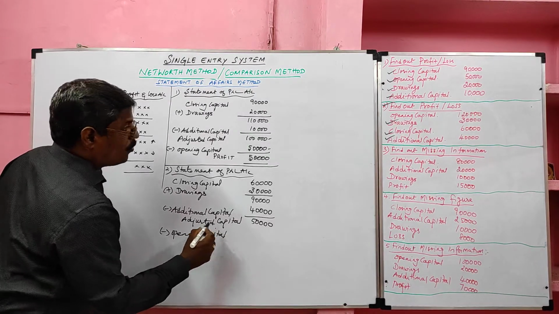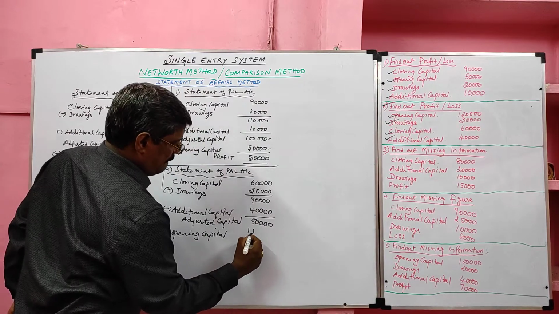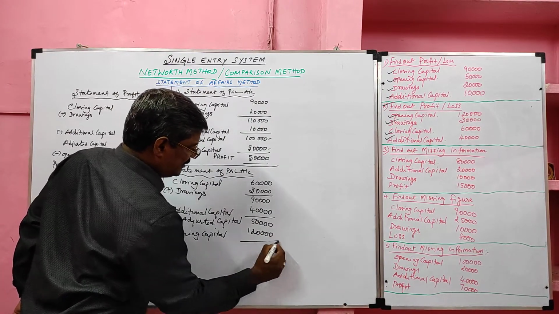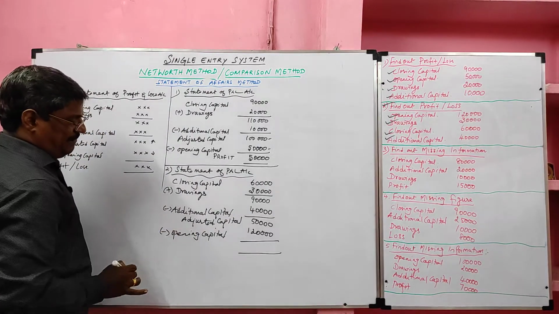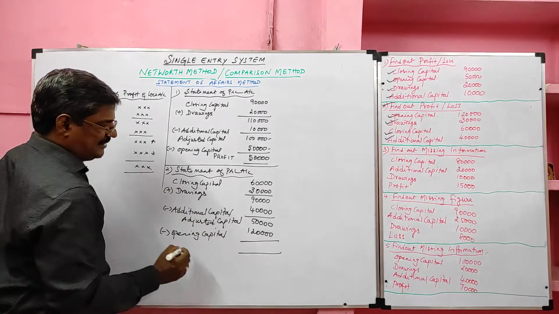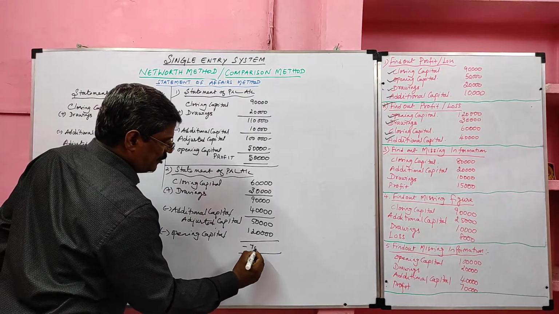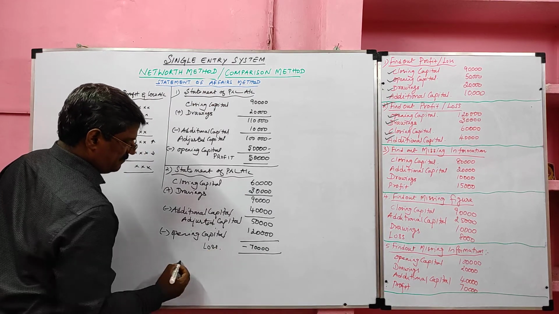Opening capital value how much? 1,20,000. In this case, the adjusted capital is less than opening capital, or we can say opening capital is more than adjusted capital. Now we are getting a negative value. This we call loss.